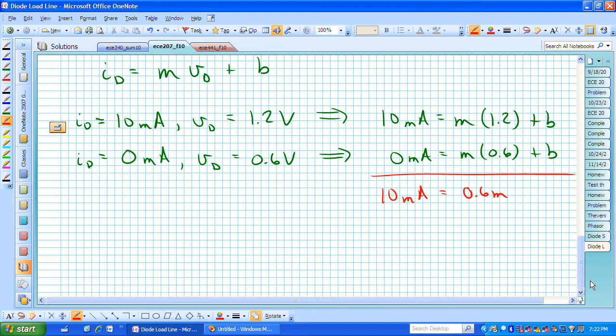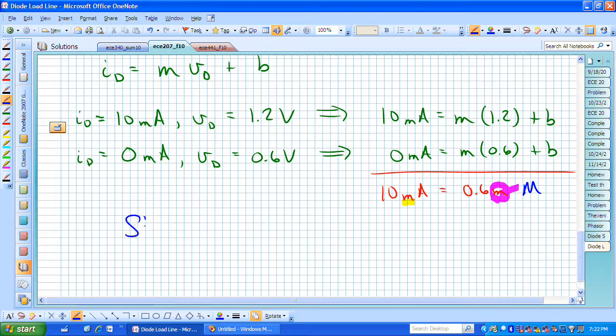Now what might be confusing is that M is a unit here, and M is also a variable, so maybe I should call this slope a capital M. This slope M is equal to 10 milliamps over 0.6, and the units on that are volts.